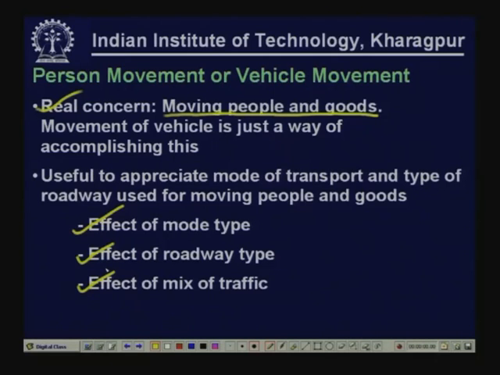Let us consider the movement of people. Some k number of people are to be transported. If all of them use car, obviously that means a very large number of cars on the roads and highway system, and probably very high level of congestion.